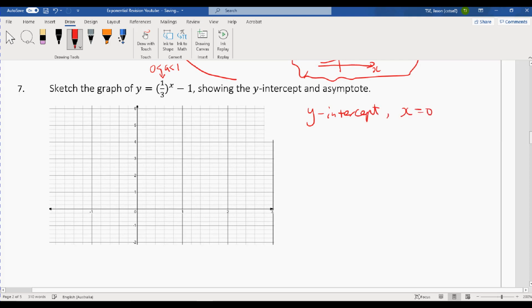Put x equals 0. Again, y equals 1/3 to the power 0. So again, remember that's 1 minus 1, which is 0. And where is the asymptote? You see that's number 1 here, but don't forget to include the sign in front of the 1. So that's actually -1.